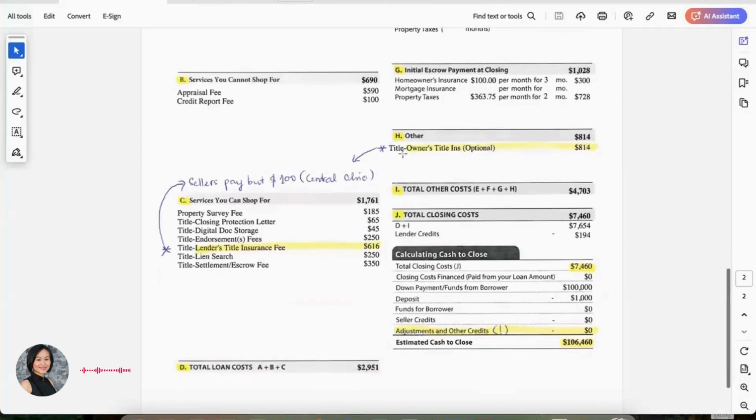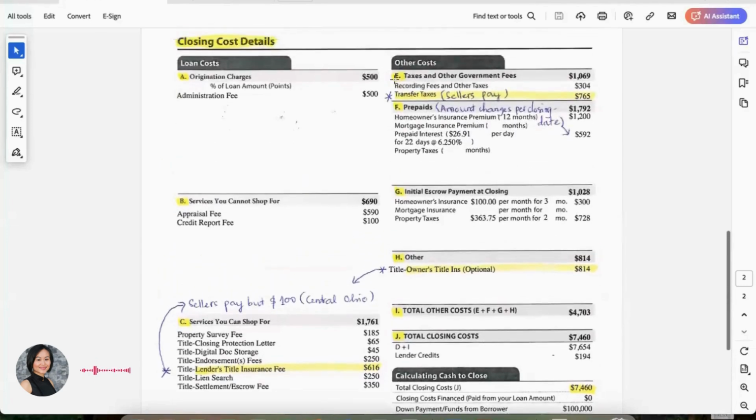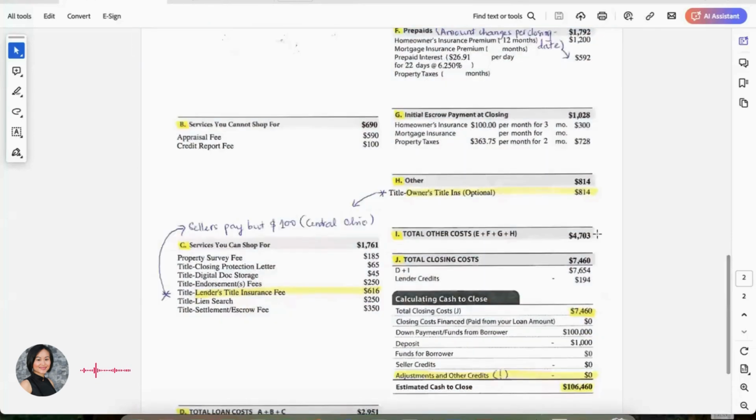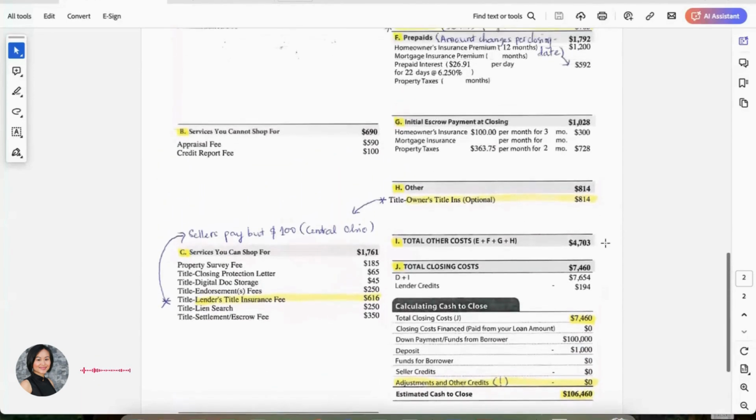We already covered this block, so we're done with that. So the total cost is going to be E, F, G, H. Let's see, E, F, G, H make a total number right here. So the total closing cost, ED and I's, which is this number and that number.